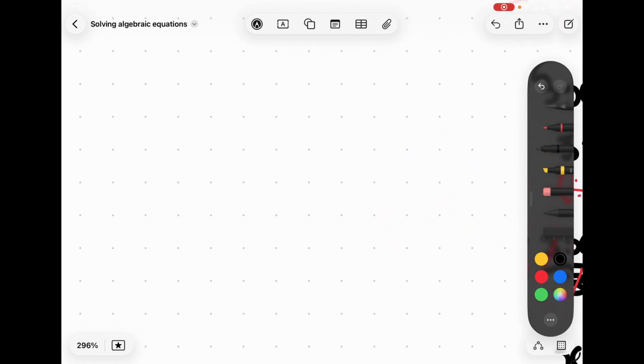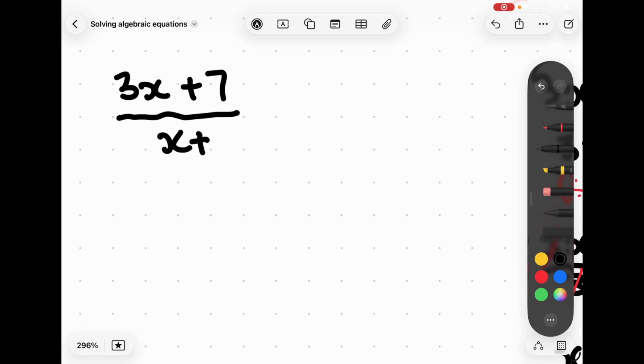What about something a little bit harder? (3x plus 7) on (x plus 2), so divided by x plus 2, is equal to 4. So we're going to need to find the value of x that makes this true. Why don't we start by timesing both sides by x plus 2, because that's the last thing that's happening to this denominator up here.